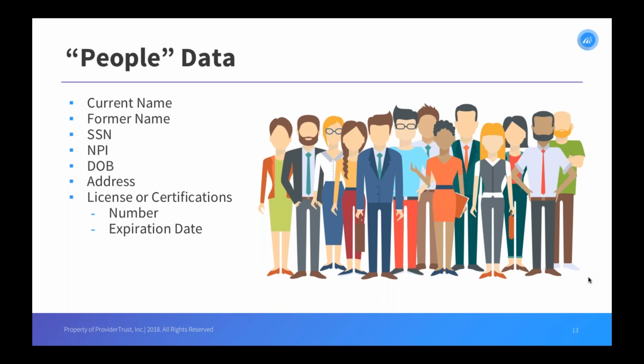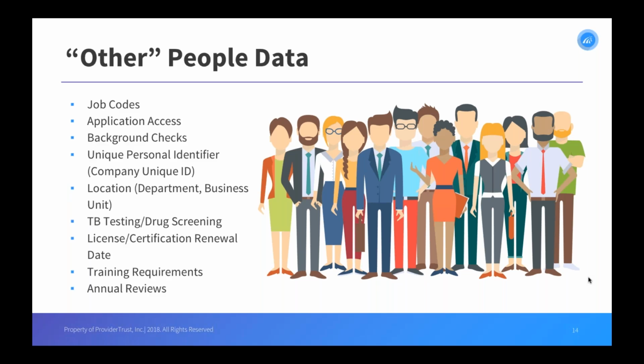Looking at this a little bit deeper then, right? If that's what we say is baseline for people data, let's look at what we would say is other people data, sort of part 2 of this, which is really specific to y'all's organizations.